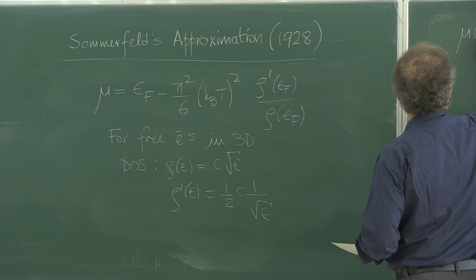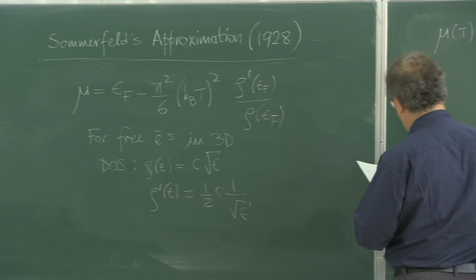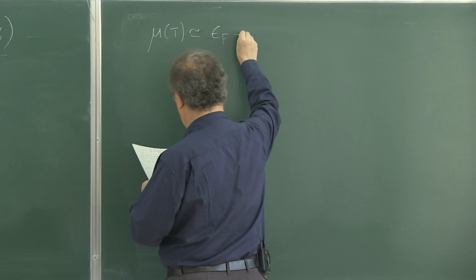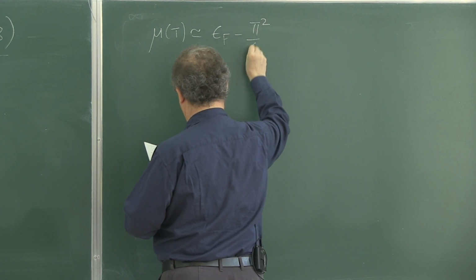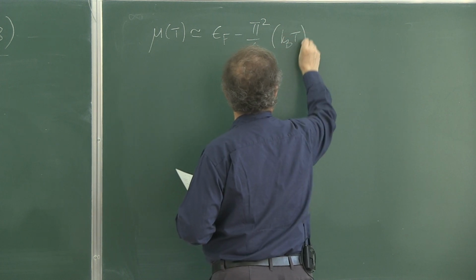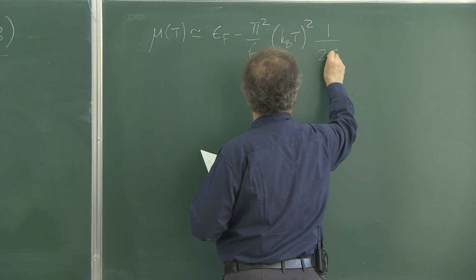This gives us a result, with those approximations, EF minus pi squared over 6 (kB T) squared, 1 over 2 EF.